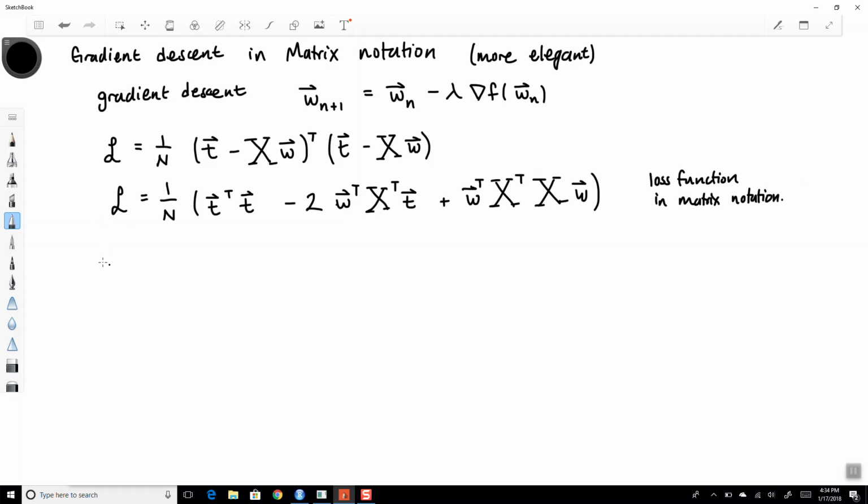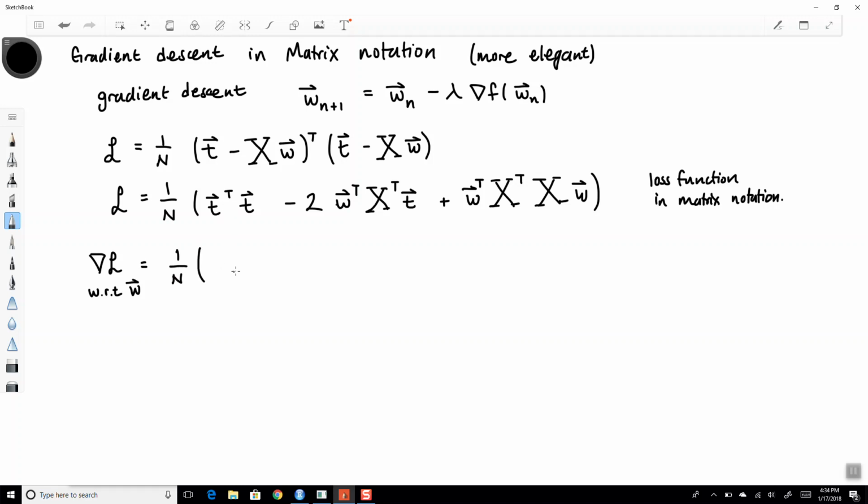Okay, and then now we will just find the gradient of L with respect to W. If we take gradients with respect to W in matrix notation, we just get 1 over n.